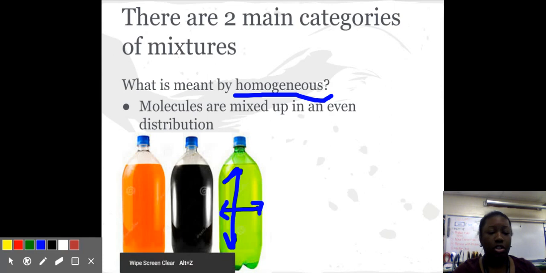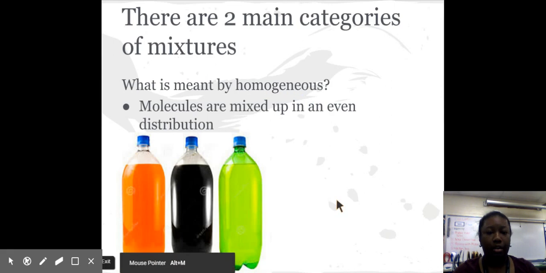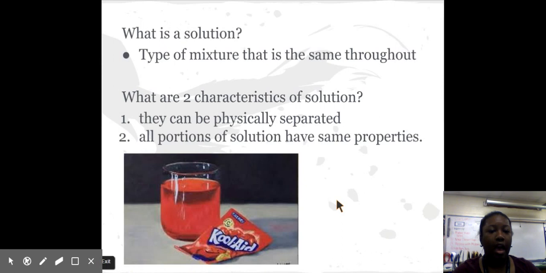So with the homogeneous mixture, we have a solution. All right, and a solution is an example of that homogeneous mixture. You just saw another example on the previous slide, but now we have a solution. It's a type of mixture that is the same throughout.